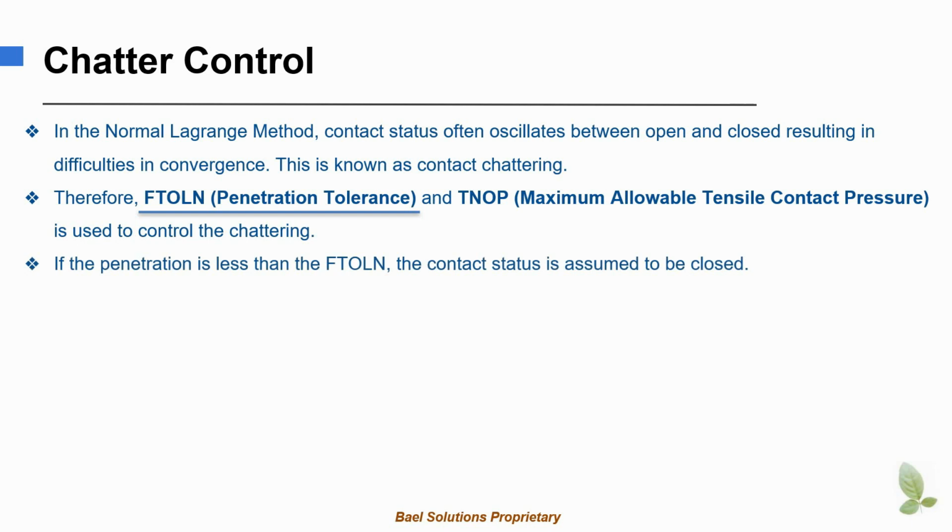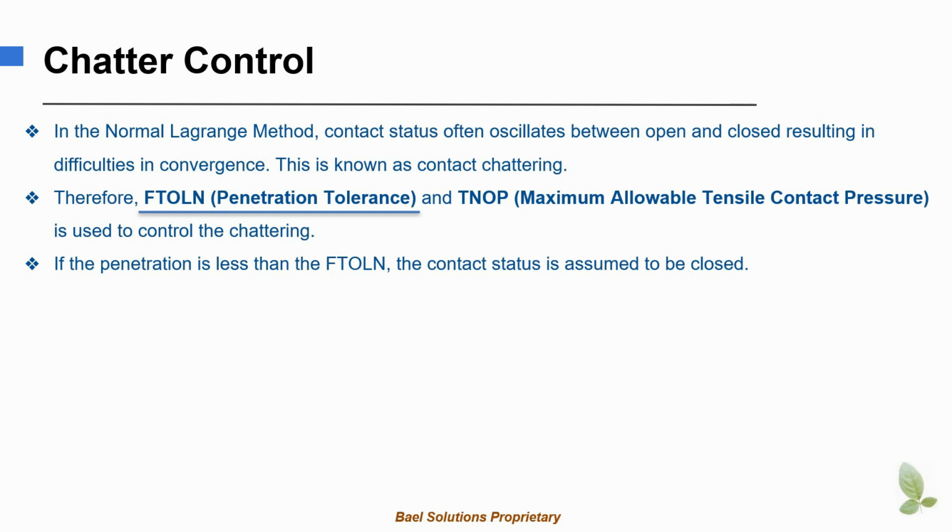By default, FTOLN is 10% of the depth of the underlying elements. Similar to FKN, if FTOLN is positive, it is considered as a scaling factor. If it is negative, it is considered as the permissible penetration value, and not the scaling factor.